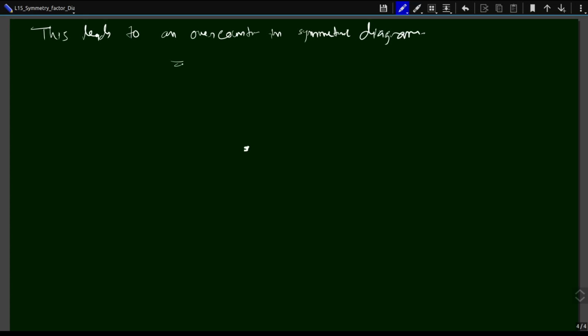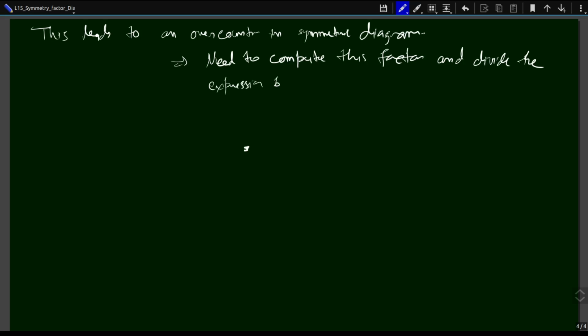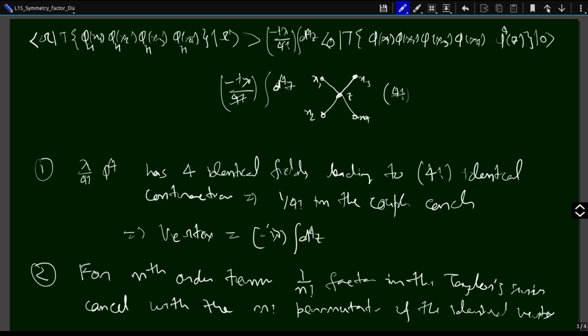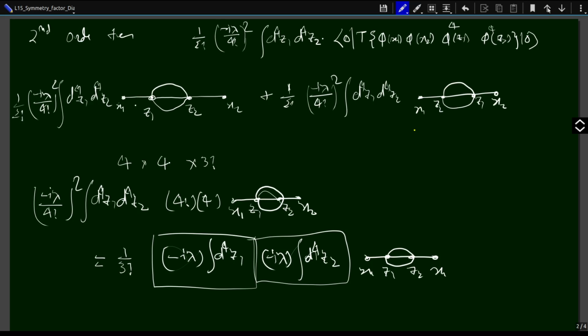So we need to compute this factor and divide the expression by it. This is actually one of the rules, that you have to divide by the symmetry factor. Now when I say it's a symmetric thing, what are the symmetries? Here, this diagram is symmetric if I exchange these 3 propagators.